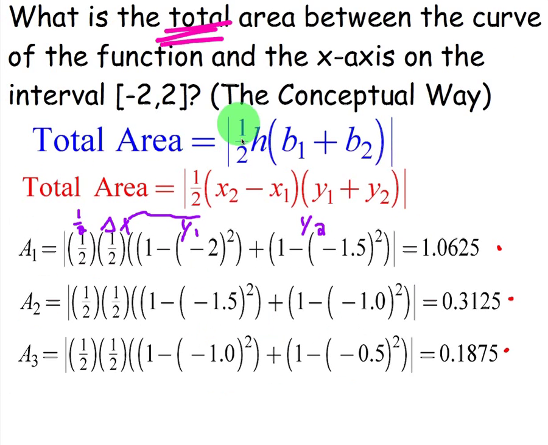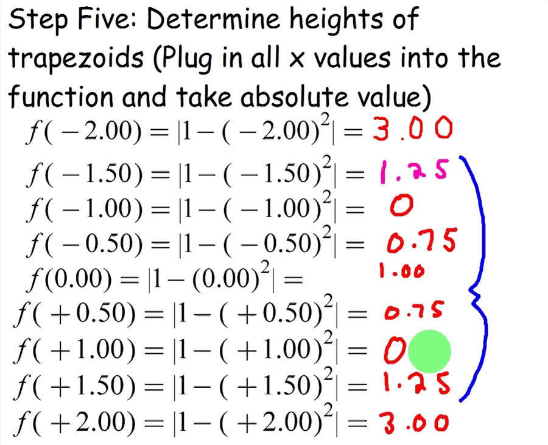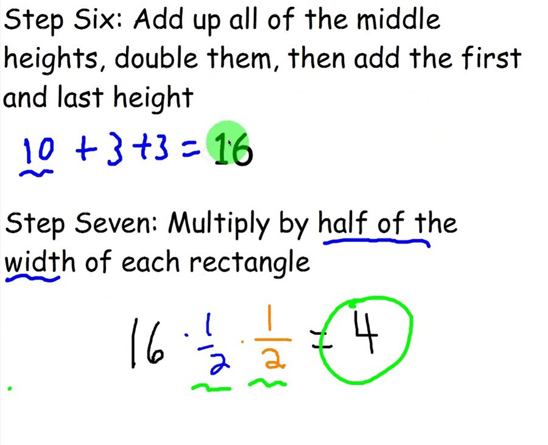So it's 1/2 times the height of all of these trapezoids times all of their bases added together. So basically you're pulling out a 1/2 h for each of these, and once you add up all of the bases, you multiply by that 1/2 h. So after you've doubled all the ones in the middle and added the ones on the outside, 3 and 3, you get 16, you multiply by 1/2 h.